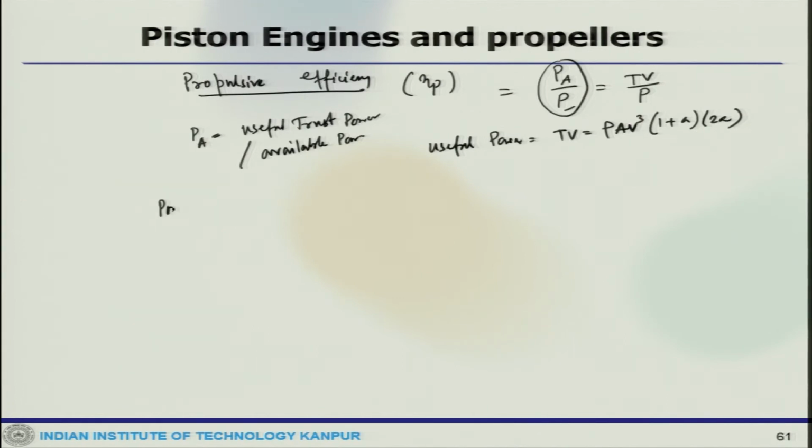Now, the power expended on the air, which is also P, is the rate of change of kinetic energy.